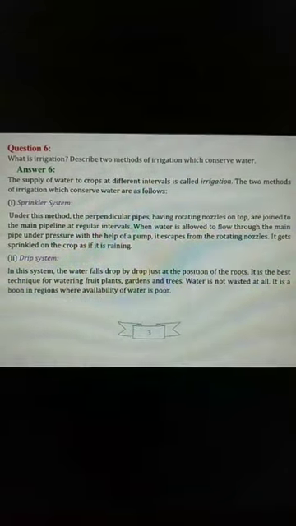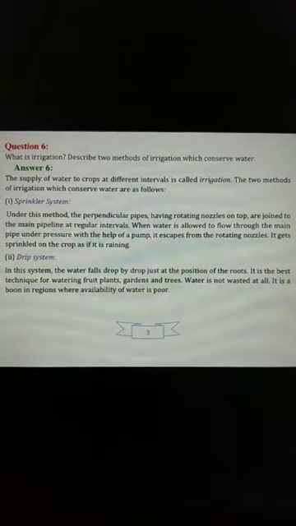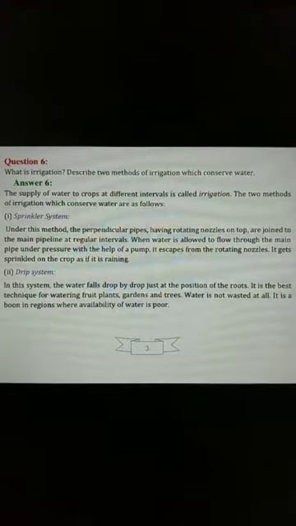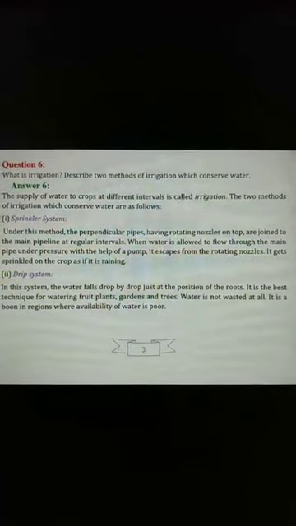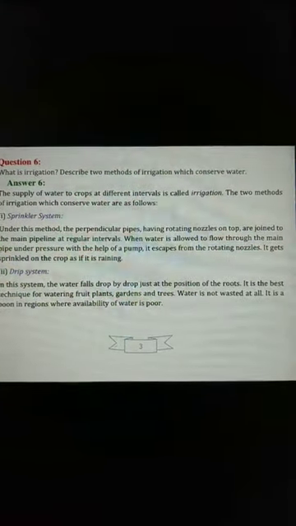Now next is the drip system. In this system, the water falls drop by drop just at the position of the root. So in the drip system, the water is given at the root part of the plant. It is the best technique for watering fruit plants, gardens and trees. Water is not wasted at all.